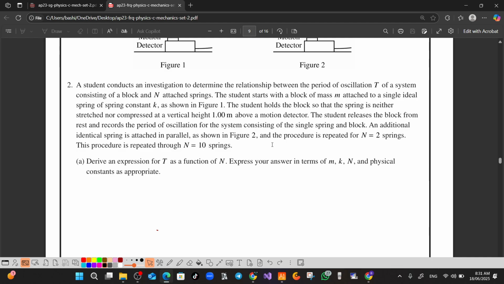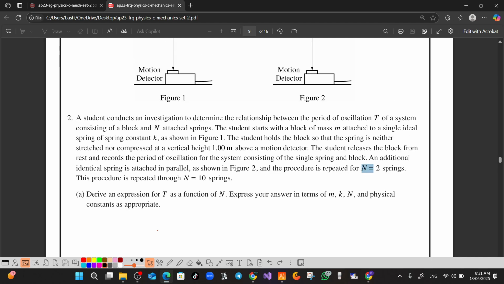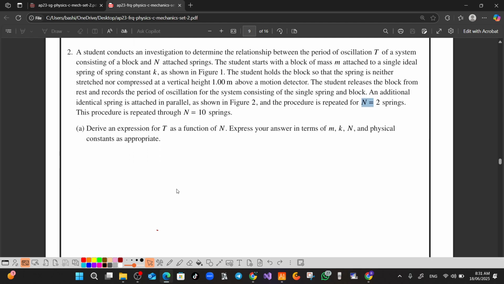The procedure is repeated for n springs, through n equal to 10. Let me remind you that the n here represents the number of springs. So we repeat the same measurement with the same mass and the same identical springs, up to 10 springs. Derive an expression of T as a function of n.